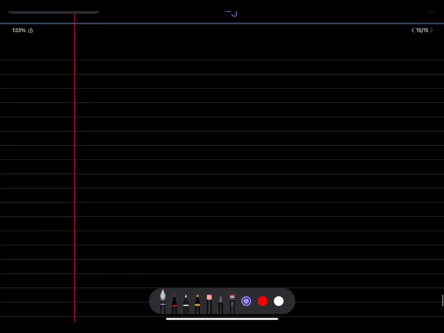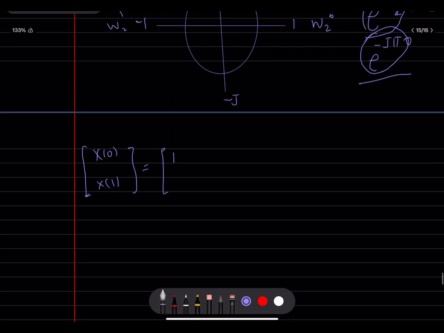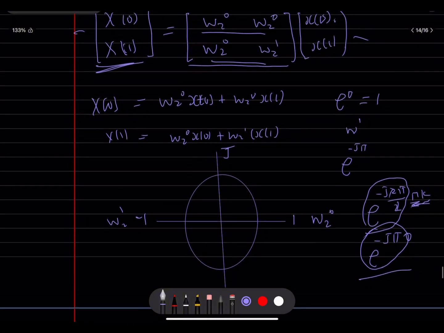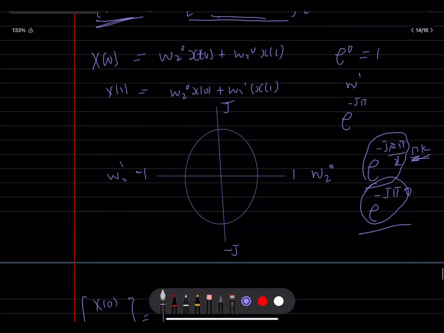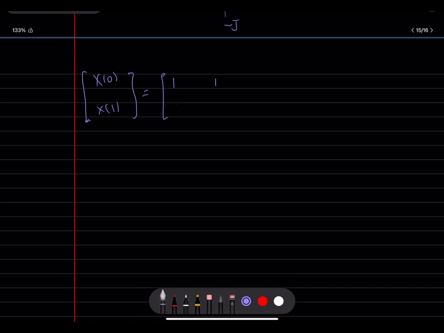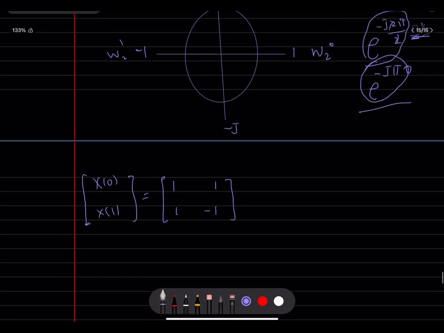So based on that, we can rewrite this matrix equation that we have come up with as capital X of 0, right, and then capital X of 1, and this is going to give us, because here it's 0 0, 0 0 and then 0 1, we are going to get 1 1 and then 1 negative 1, as I've indicated here, or you can use a calculator to also confirm here.